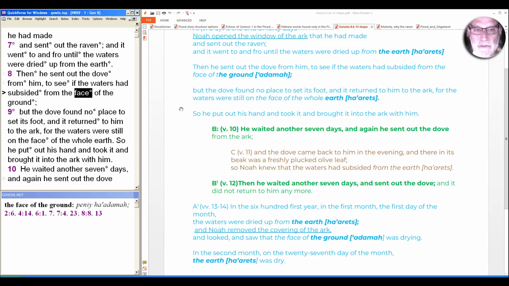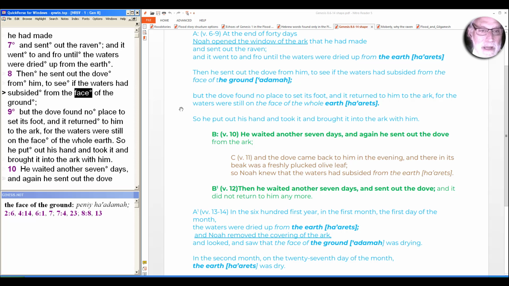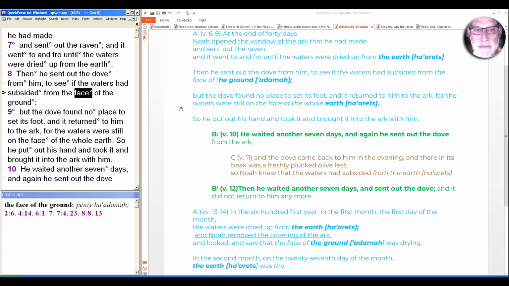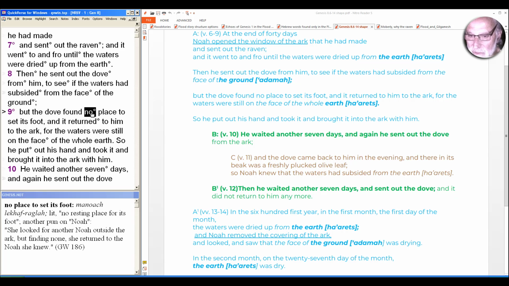Those are usually not understood as referring to separate authors, that there's no J and P specification that adamah is one and eretz is another. They both use both. And like ground and earth, we have many words in English to refer to that. We could also say soil and topsoil and dirt and all kinds of other things. But the fact that it's shaped in this ABA little mini chiasm within the chiasm is almost certainly not a coincidence, matching one part to the end, as we'll see. So he sent out the dove to see if the waters had dried, but the dove found no place to set its foot.